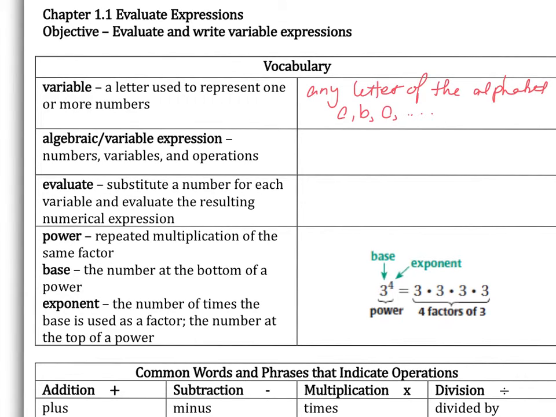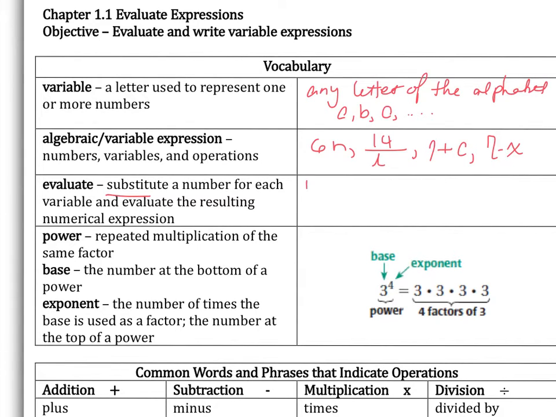Algebraic variable expression: numbers, variables, and operations. So any expressions that look like these are algebraic expressions. Evaluate just means to substitute a number for each variable and evaluate the resulting numerical expression.